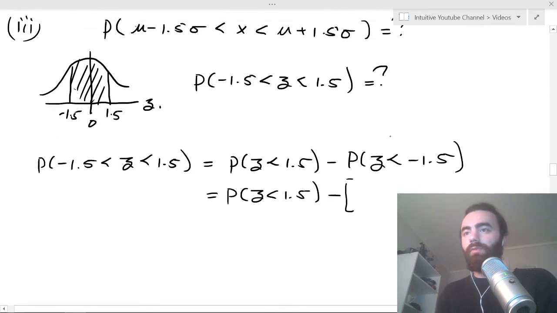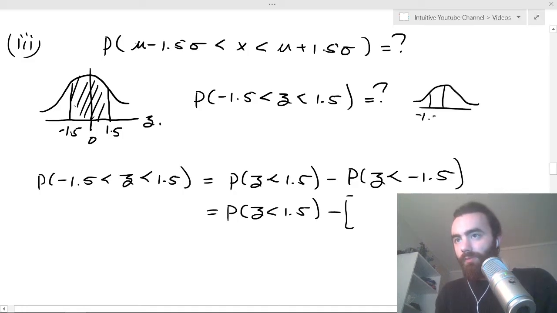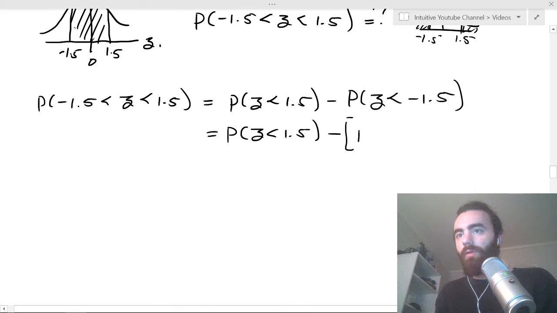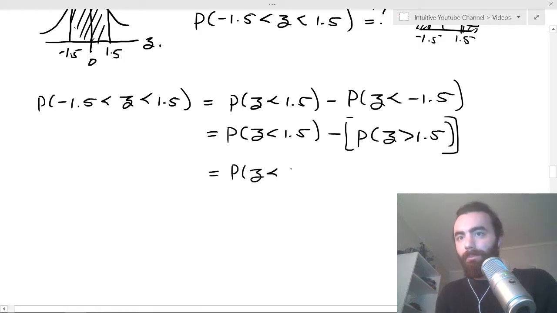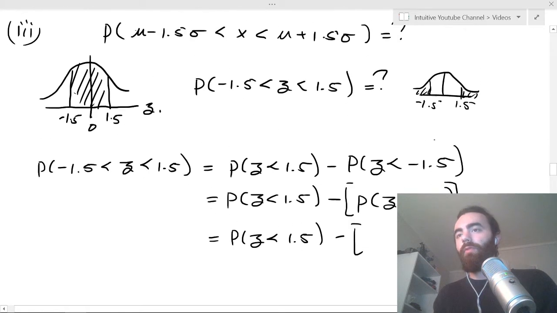If we just look at it, it looks like this, right? We can just think about it, we've done this before. The minus 1.5 area is the same as saying this area greater than 1.5. It's the same as saying z greater than 1.5. And this is the same as saying one minus the probability that z is less than 1.5.